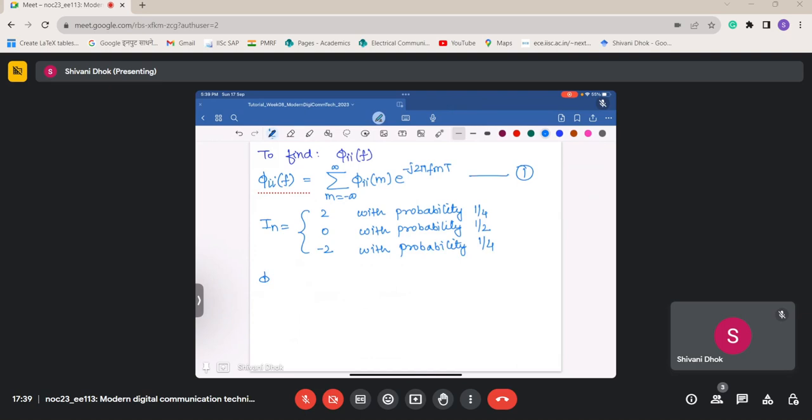And this phi I of m is basically expectation of I n into I n plus m.